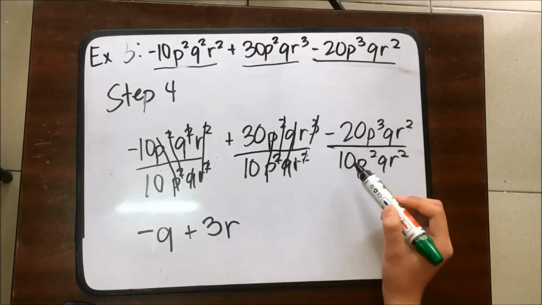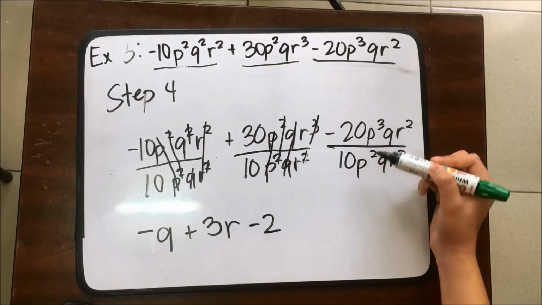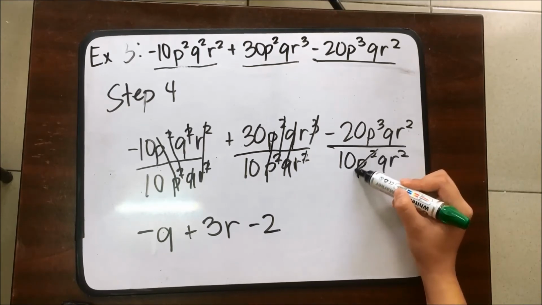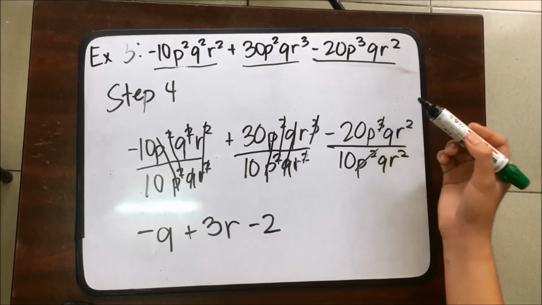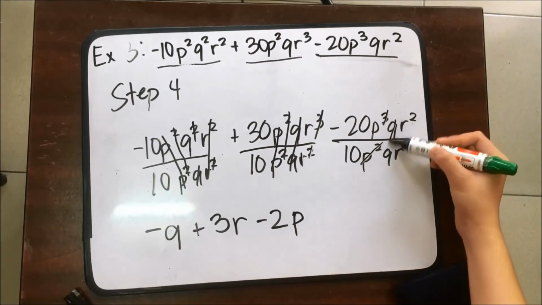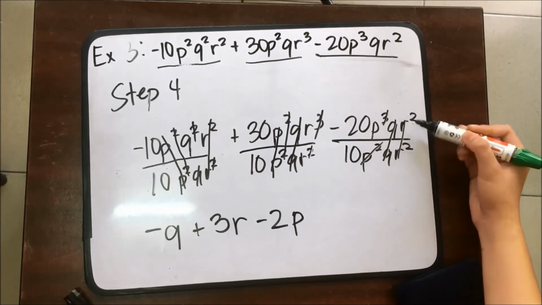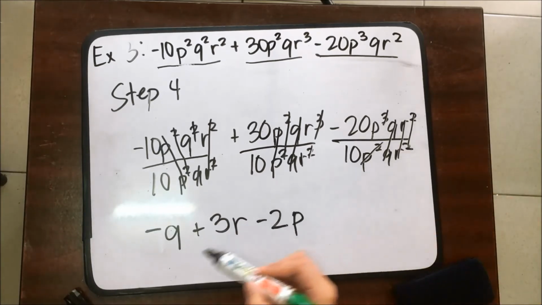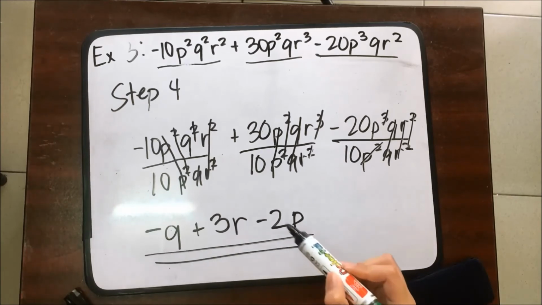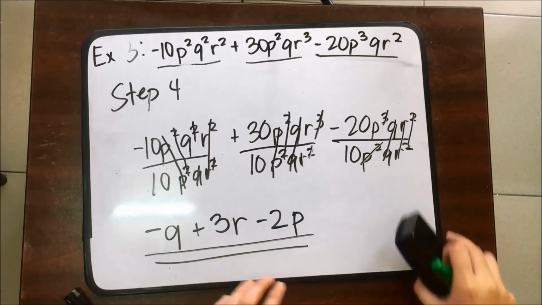Negative 20 divided by 10 is equal to negative 2. P cubed divided by p squared, this will be cancelled out and the quotient will be p. Q divided by q is equal to 1, cancelled out. R squared divided by r squared is equal to 1, so cancelled out too. So this is our quotient. Now let's go to our next step.